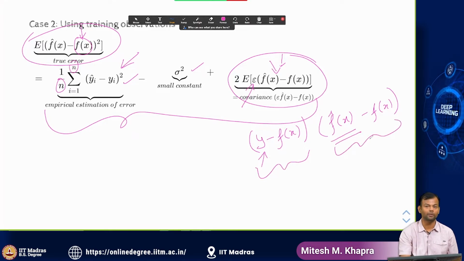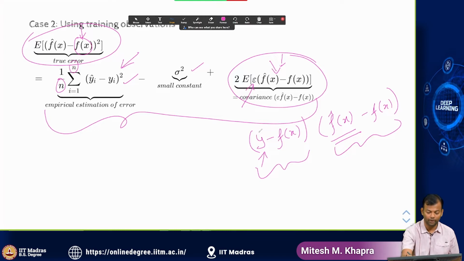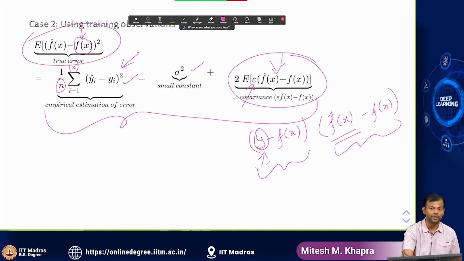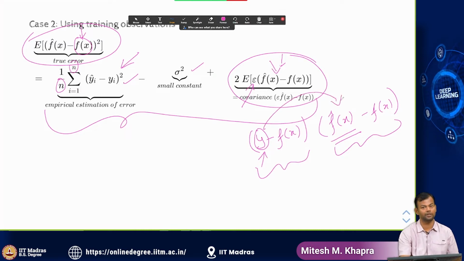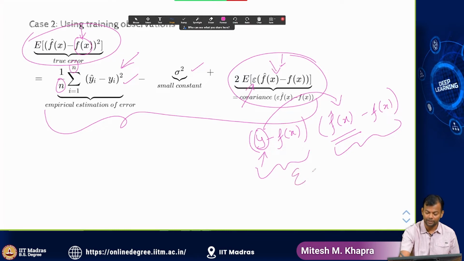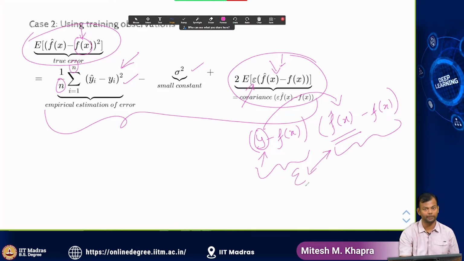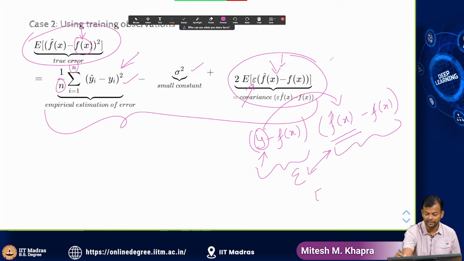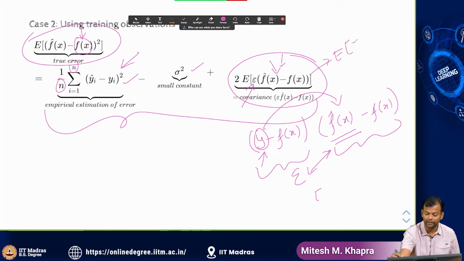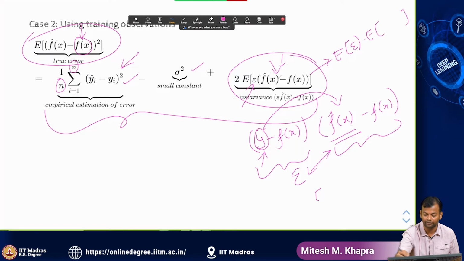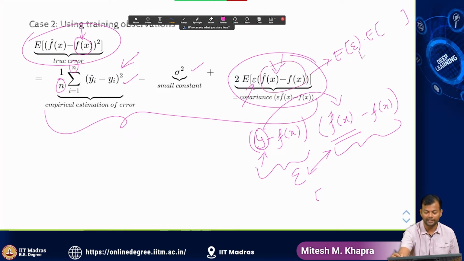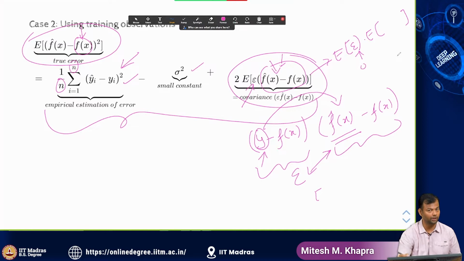But now we cannot make that argument, because y, which is coming from the training data, has actually participated in the estimation of f hat x. So now these two quantities are not independent, hence I cannot write this as a product of the expected value of epsilon multiplied by the expected value of this quantity, and this will not become 0, hence the whole term will not become 0.